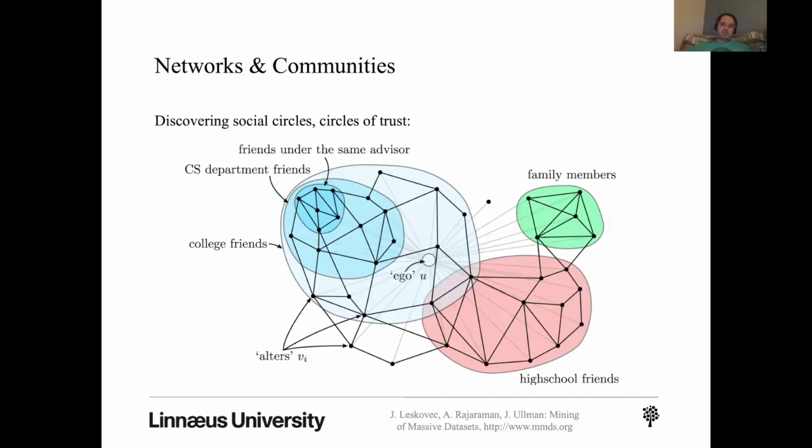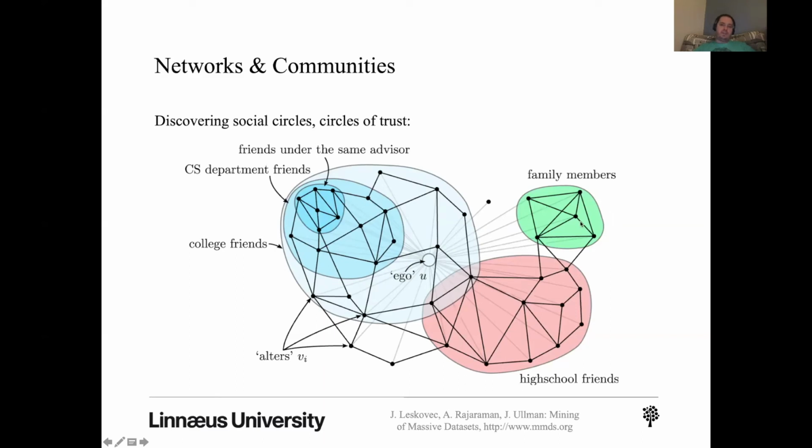This is also a very simple example of these communities. For example, consider a social network, like Facebook or Instagram or whatever, and you're connected to people. You're connected to your friends, your family, many different types of people. And these connections also form little communities within them. For example, take all your family members.